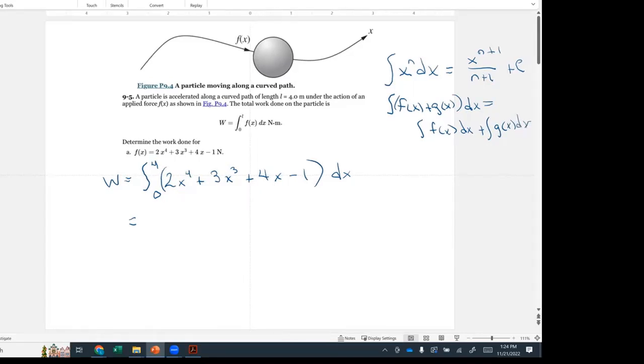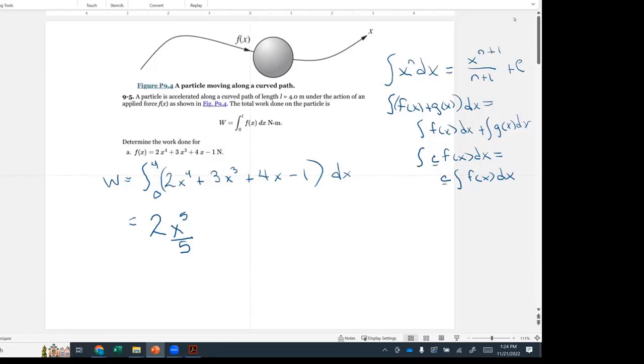Okay, I'm going to integrate each one individually. This is 2 times the integral of x to the 4th, which is x to the 5th over 5. Also, we're using this one: the integral of c times f of x dx is equal to c times the integral of f of x dx. That just means if I have a constant, I can take it out of the integral sign.